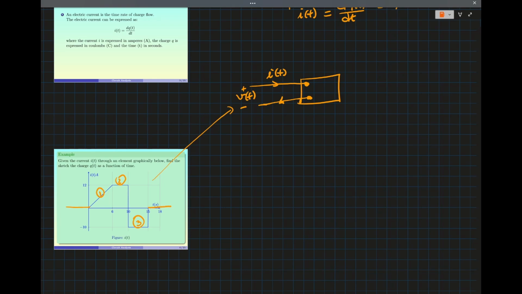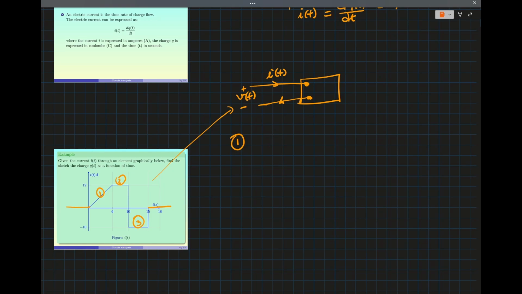Let's write the equation of the current through this component as a piecewise function. I of t, let's do section 1 first. What do we have?